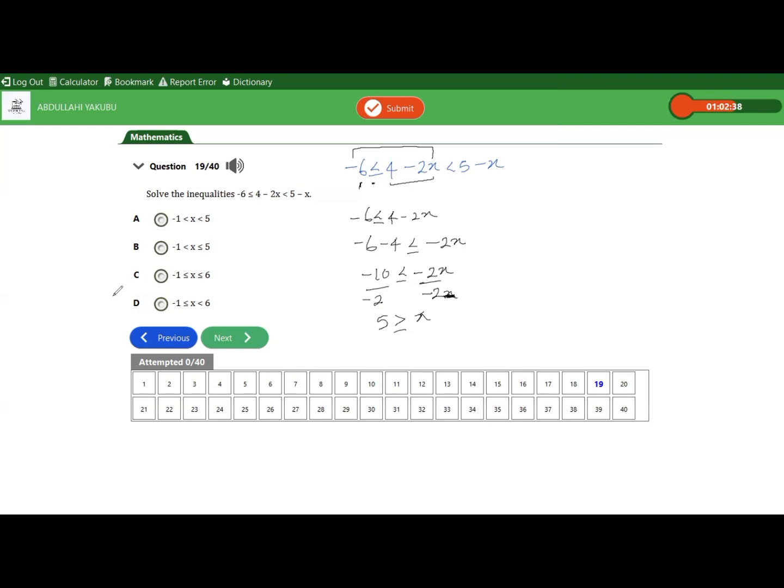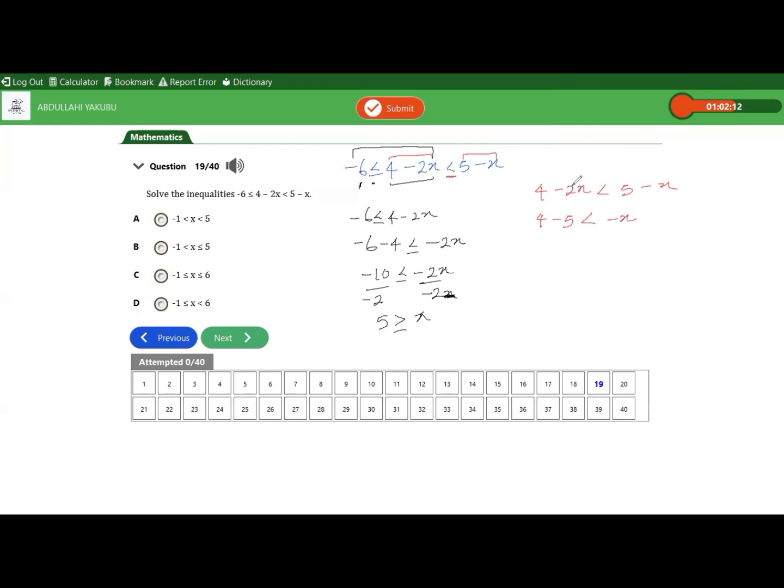Now, again, where is the next inequality? Here is the next inequality, separating this and this. So in that case, we are having 4 minus 2x less than 5 minus x. So we collect the like terms also. We have 4 minus 5 less than minus x.